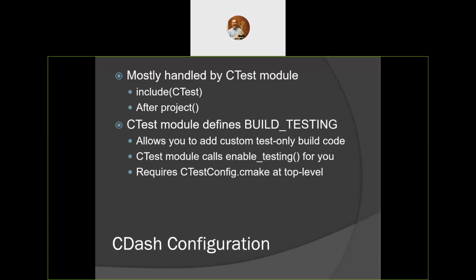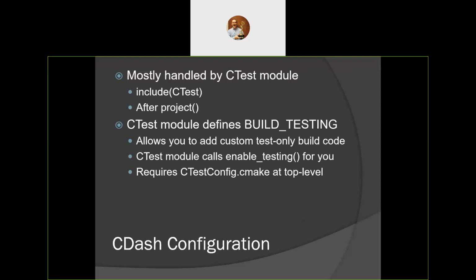Now, the CDash configuration is mostly handled by a module that is shipped with CMake called the CTest module. And you would include that typically after your project has been defined. And that module will define a build testing variable.